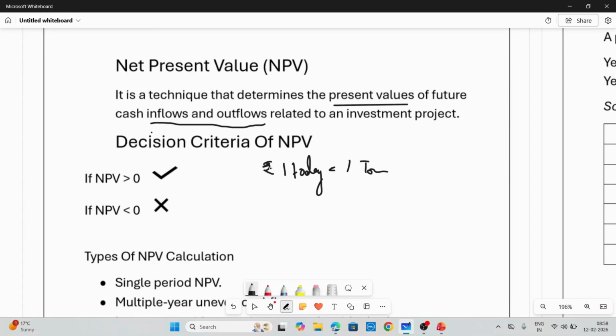So, NPV converts all the future cash flows into today's value and then compares it with the initial investment. So, how do you decide which NPV is better? If NPV is greater than 0, then you accept it. If NPV is less than 0, then you reject it.